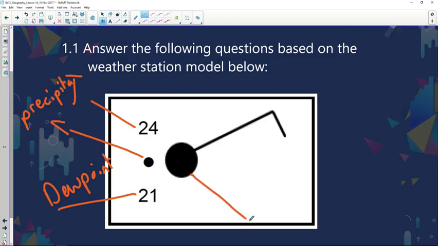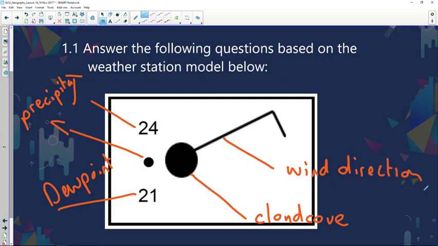The body of the weather station represents the cloud cover. The stem represents the wind direction. And this represents the wind speed, which is measured in knots. That's your basic weather station model.